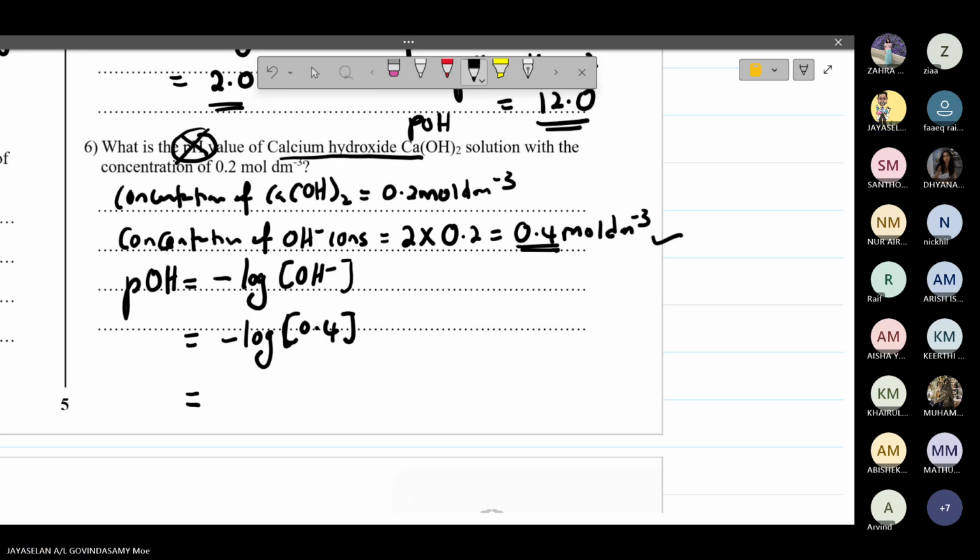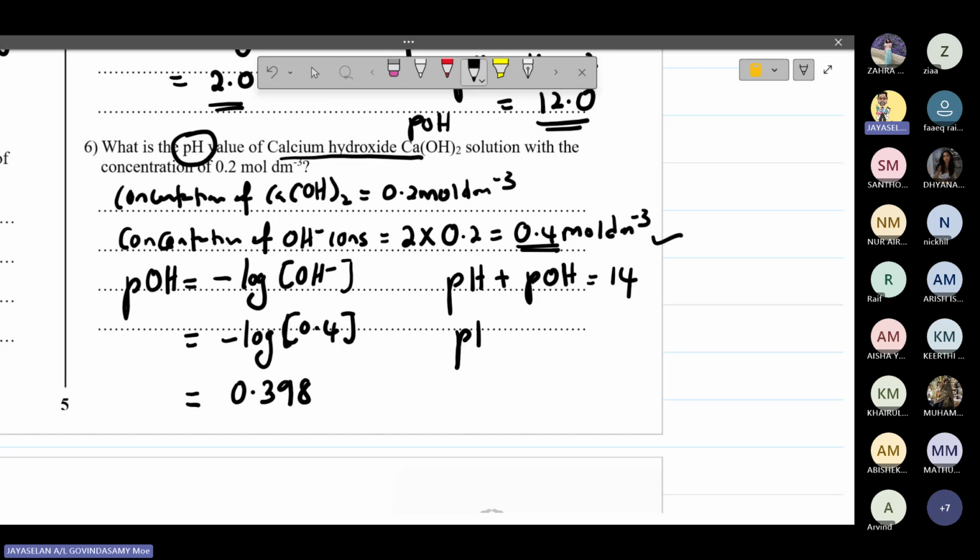Anyone? What is the answer? 0.398, sir. Okay, 0.398. You already got this right. Now you go and see what they ask. They ask pH. That means here pH plus pOH is equivalent to berapa? 14.